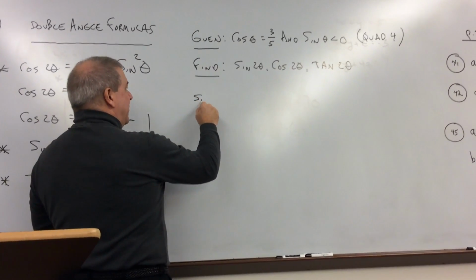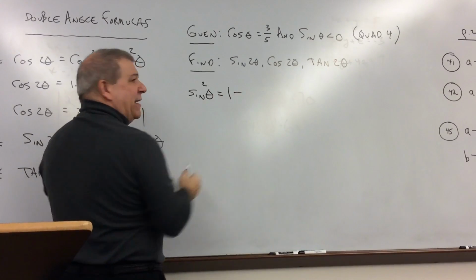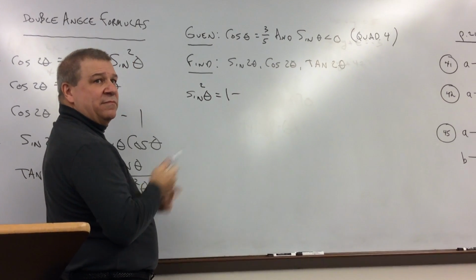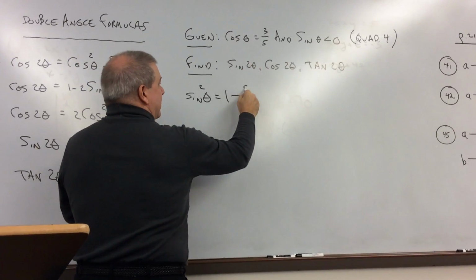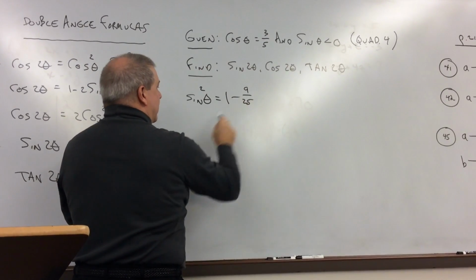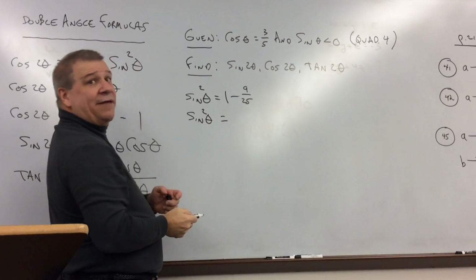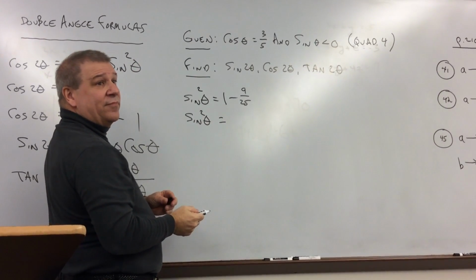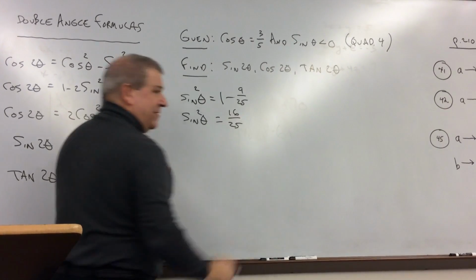So in your notebook, go sine squared of theta equals 1 minus, somebody? Howard? 9/25. What's that? Go ahead. 16/25. Now listen to me.